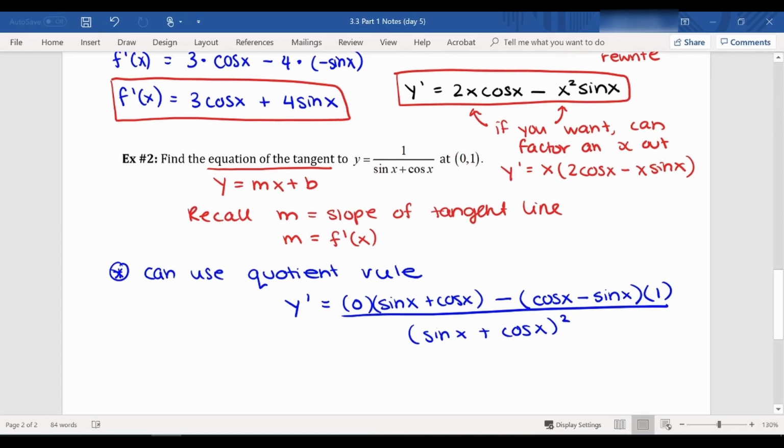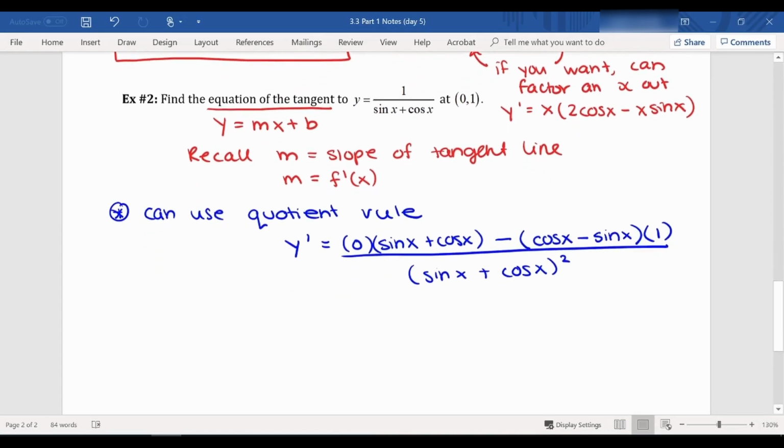And then we can simplify this. Okay, so remember your quotient rule is y prime equals f prime g minus g prime f all over g squared. And in this case, f is 1 and g is sine x plus cosine x.